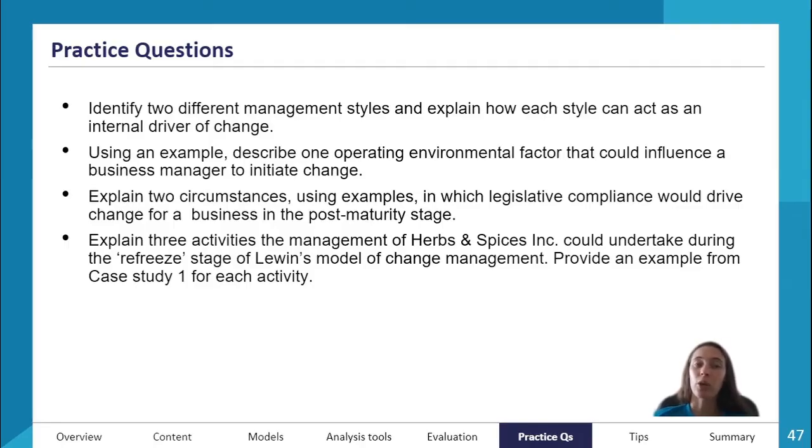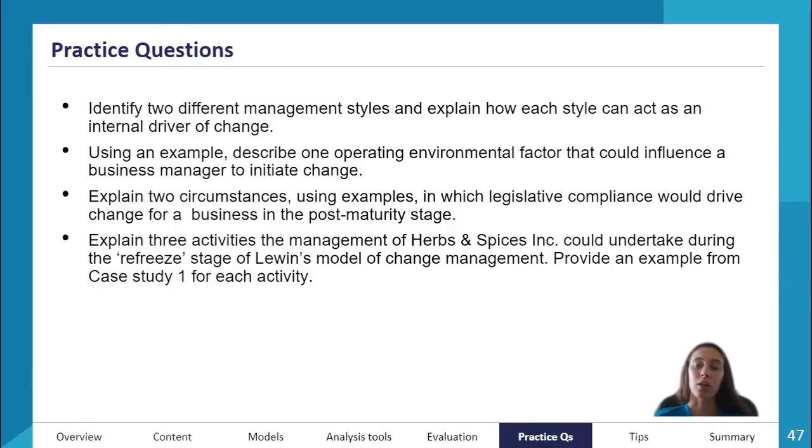Second one, we've got using an example, describe one operating environmental factor that could influence a business manager to initiate change. And again, this is where you really need to know those 3 levels: internal, operating, and macro. Think about it like the building idea. Operating is the suppliers, customers, competitors, and interest groups.